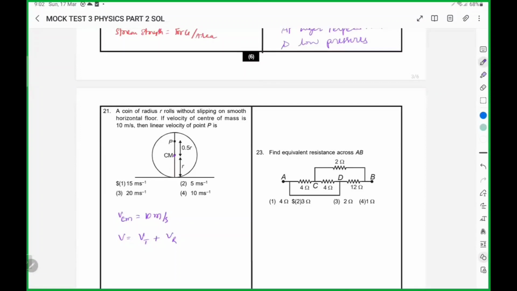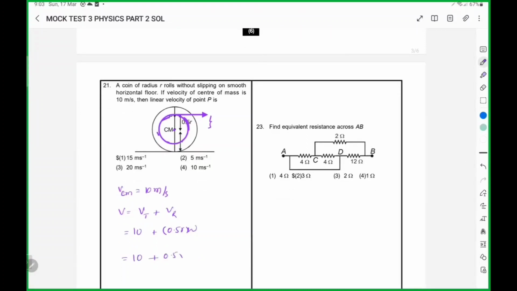Once the particle here at P, like this, so this particle will have a velocity due to rotation that is at a distance of 0.5 r, that is 0.5 r into omega. So each and every particle will have the same translation velocity that is 10 meter per second.